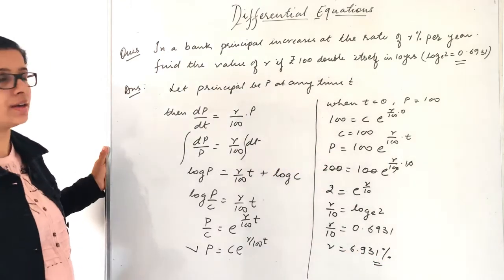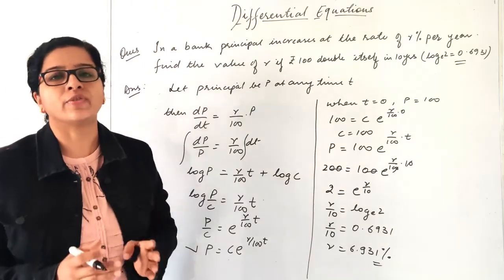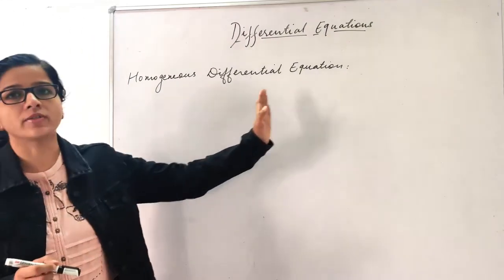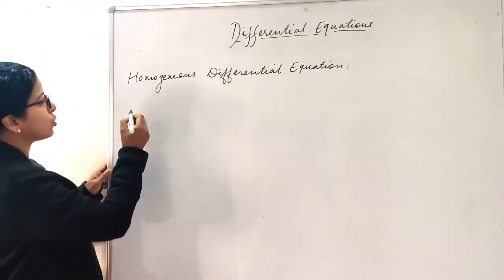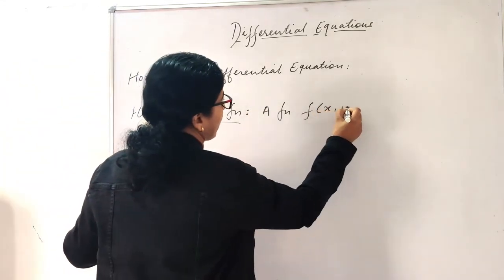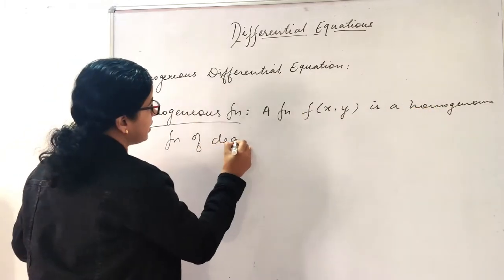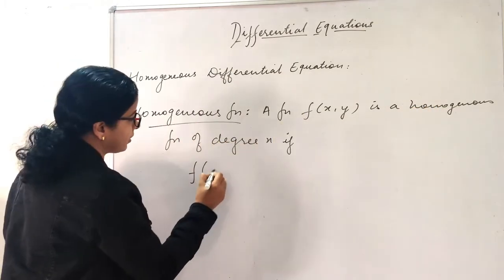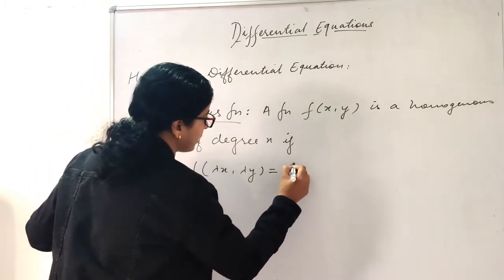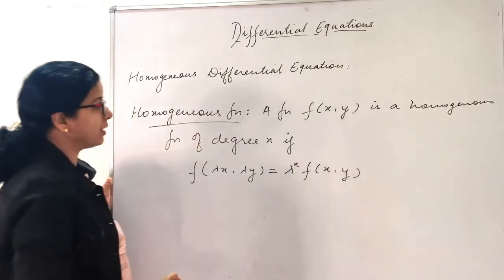Is that clear? Now let us move to homogeneous differential equations. Okay? Before understanding homogeneous differential equation, we should understand what is a homogeneous function. So a function f(x, y) is a homogeneous function of degree n if f(lambda x, lambda y) equals lambda to the power n f(x, y), right?